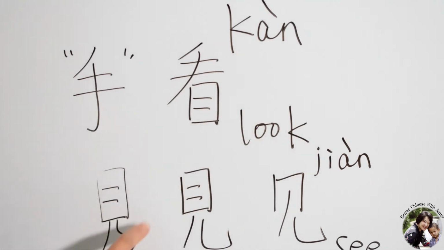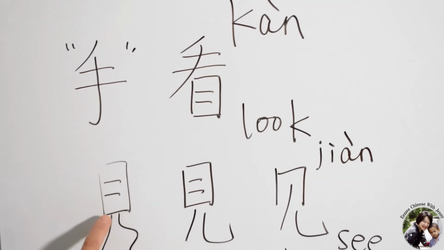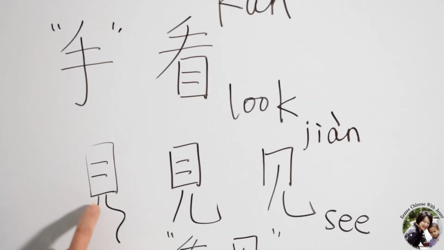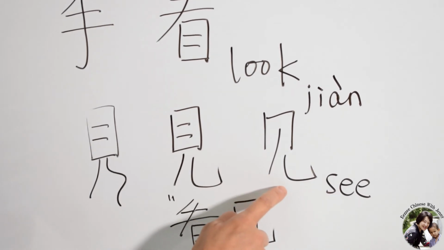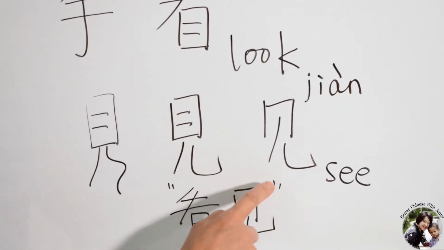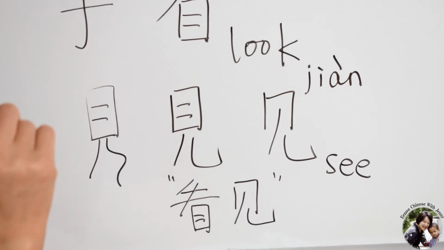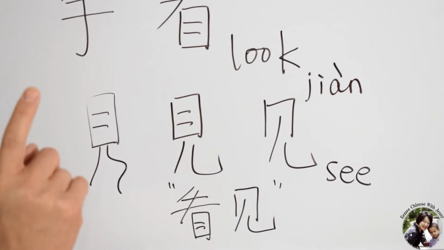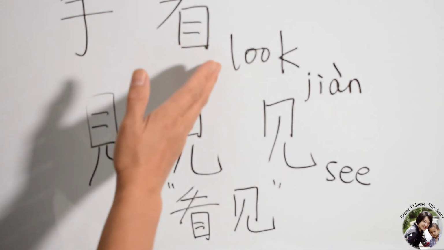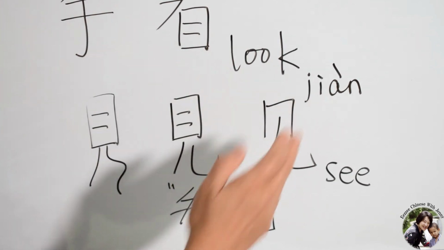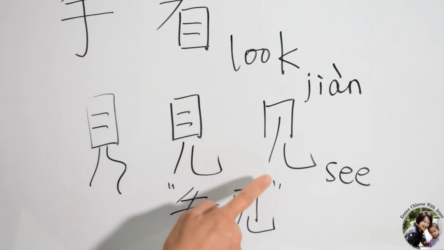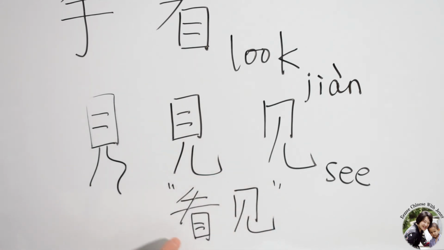And this character with your eyes on the top and two legs, this is the traditional way, and this is the simplified version. It means you see it. So it's the result of the action of looking. The pronunciation is jian, 见. If you put these two characters together, it is a phrase, 看见.